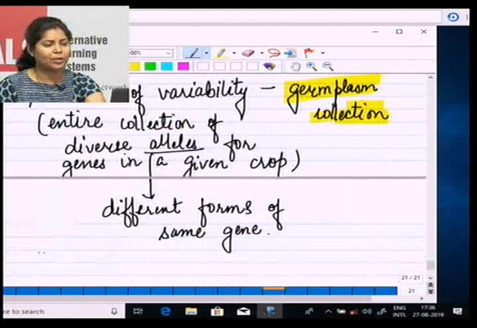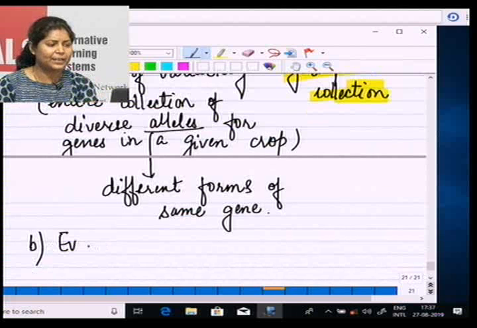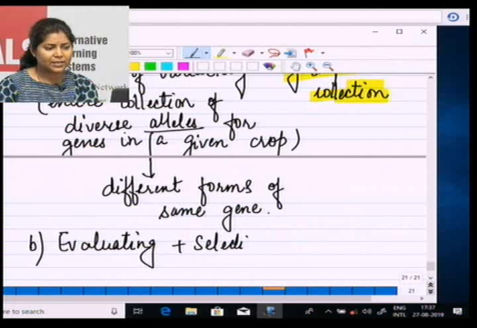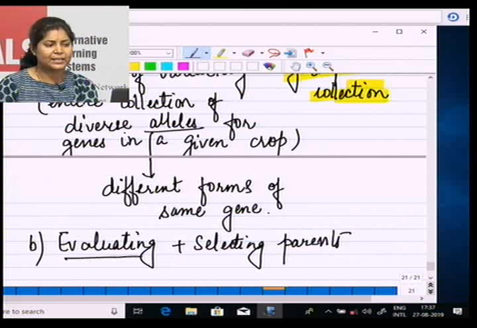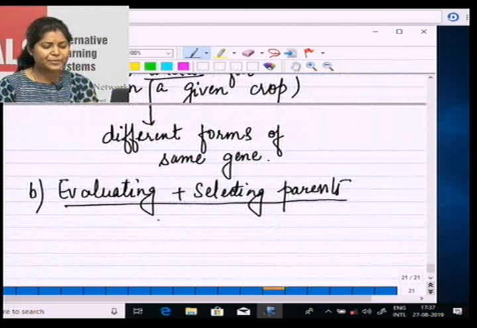I'm going to collect all the germ plasm. The second step I will be following is evaluating and selecting parents, that I need. Obviously, as the parents are, similar will be the offspring.